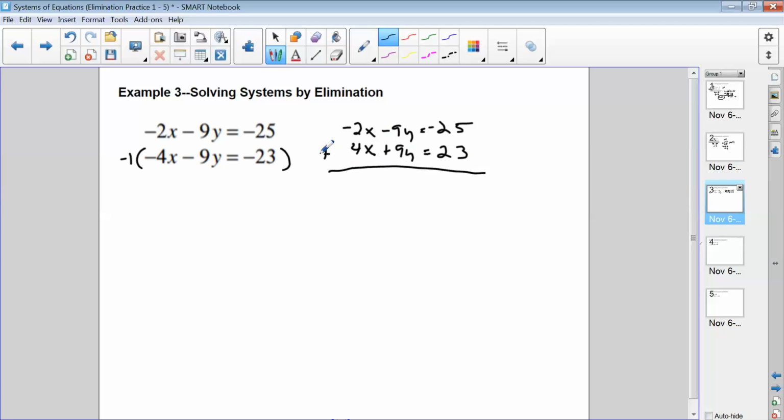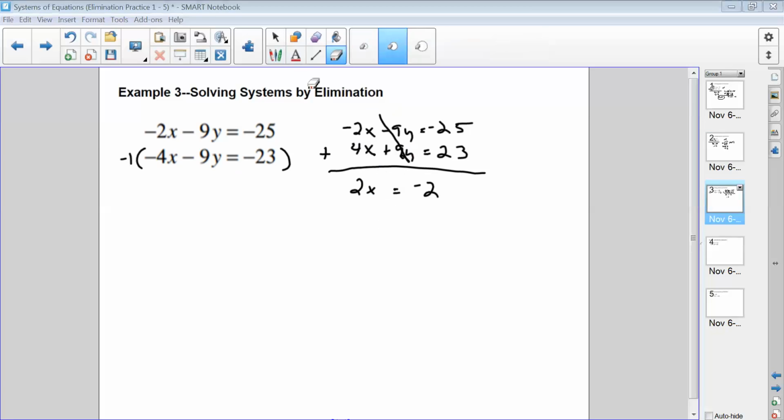Now we would like to add. Why? Because the signs are different, coefficients are the same. So if we add, -9 plus 9 goes to 0, -2 plus 4 goes to 2x, and we get -2. So x would be -1. And then you would substitute back into either equation.